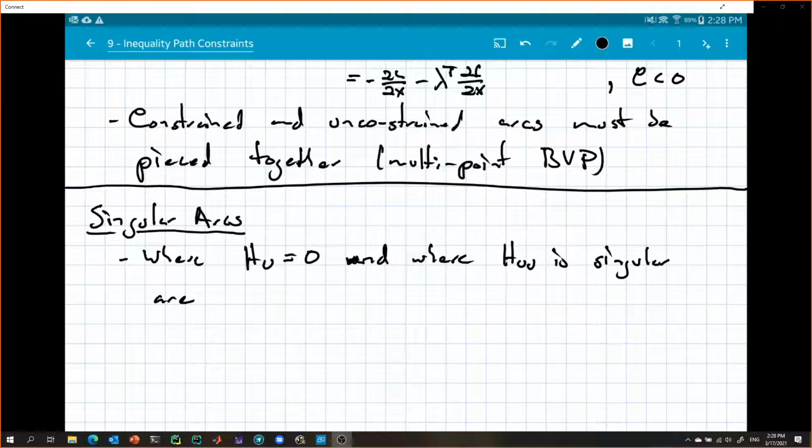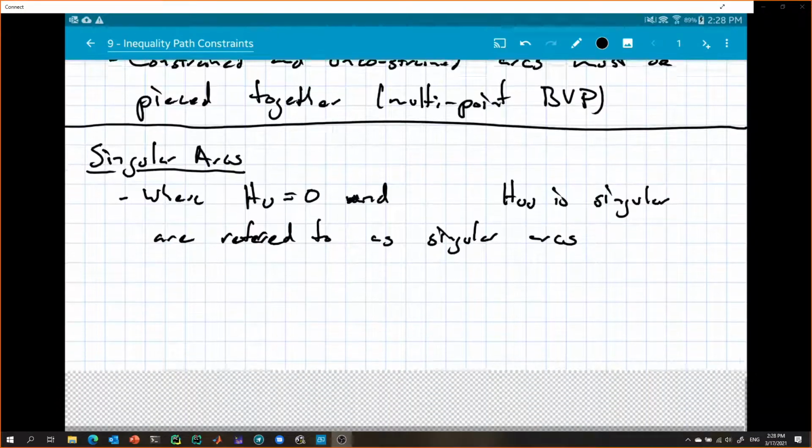Where these both occur at the same time, I'll refer to these as singular arcs. And if you remember, we had singular problems in the parameter optimization way back 5 weeks ago. So this is the same thing happening.